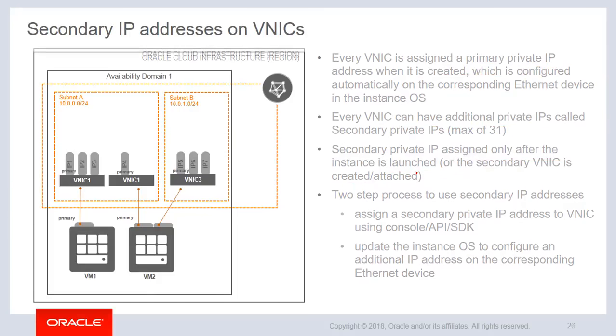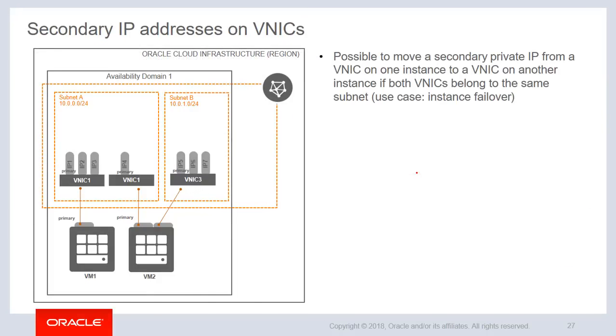The use case for secondary private IP is for instance failover. So in this case, let's say you have a virtual machine here, you have a virtual machine here, and your VNICs are in the same subnet, the VNIC one here and the VNIC one here for this VM, same subnet. You can move a secondary private IP from a VNIC on one instance to a VNIC on another instance.